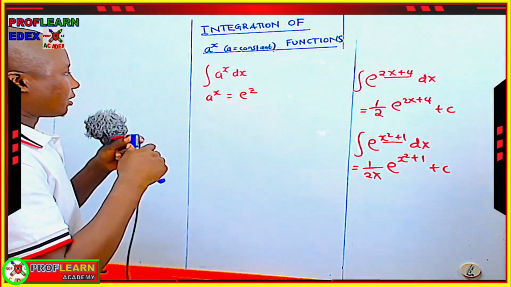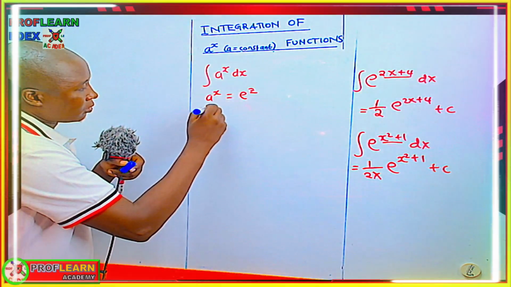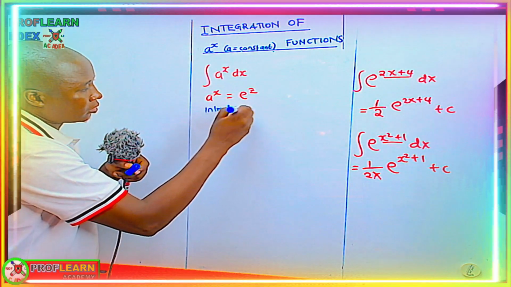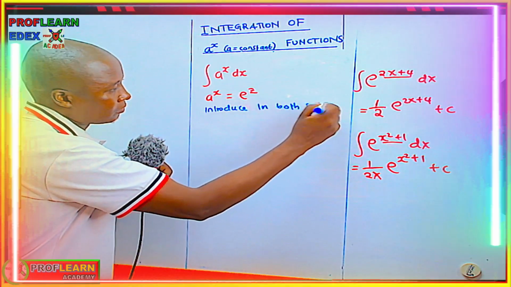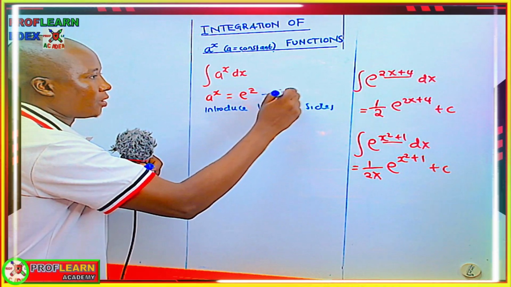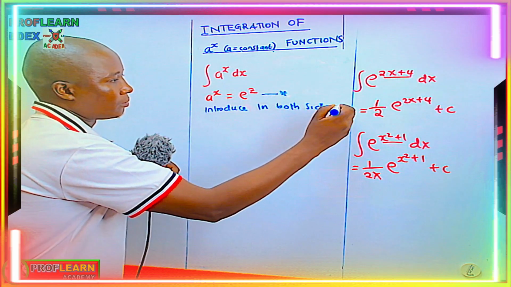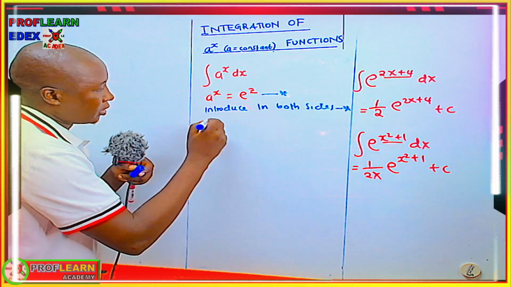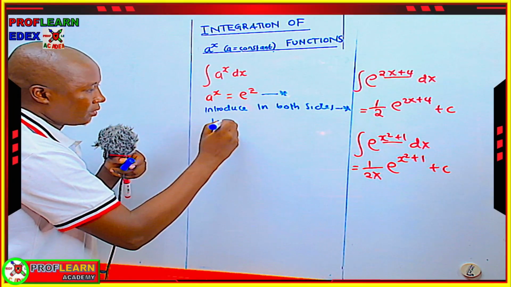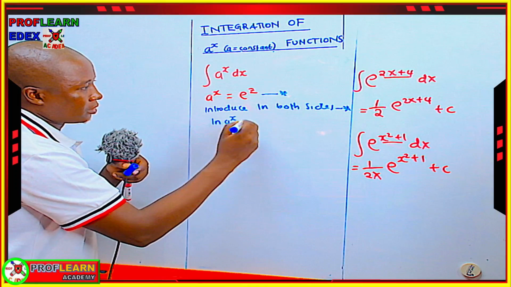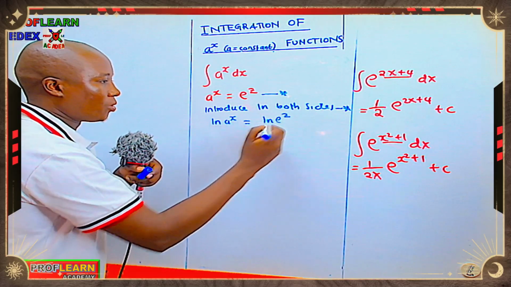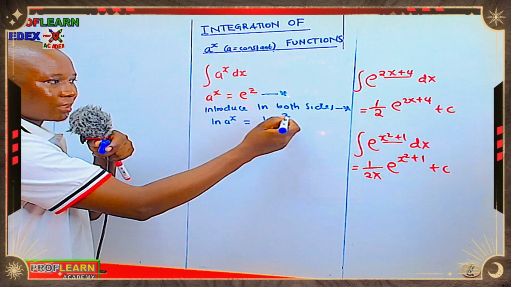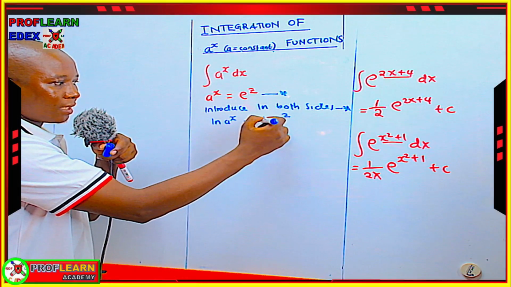To do that, we are going to introduce ln on both sides of equation star. So this is going to be ln a^x equals ln e^z, and because this is a power, it can go behind.